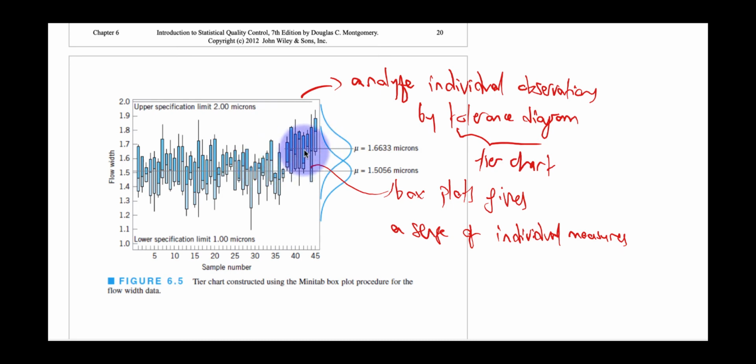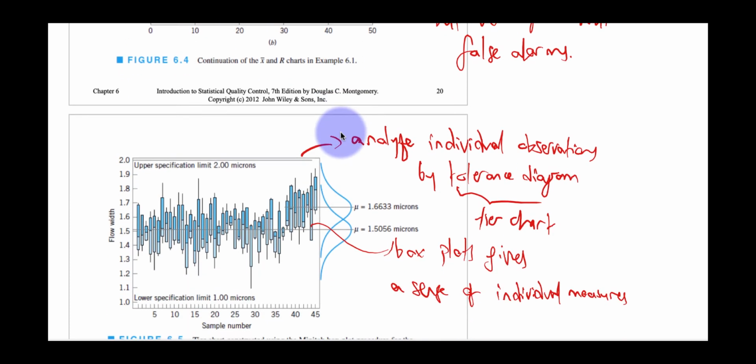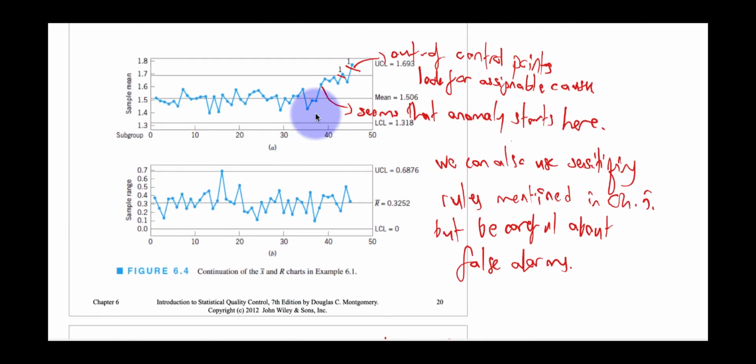Okay, so even if we have the out of control points after the 43rd or 44th sample, we can also say that the process is no longer controlled after the 38th sample, even if there is no out of control point here, but there is an anomaly here.